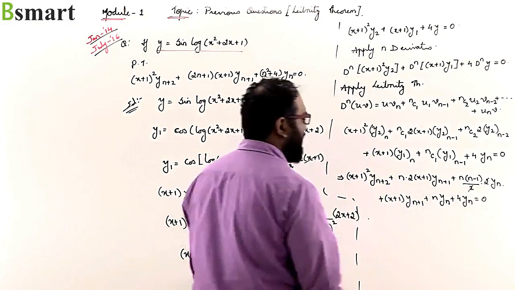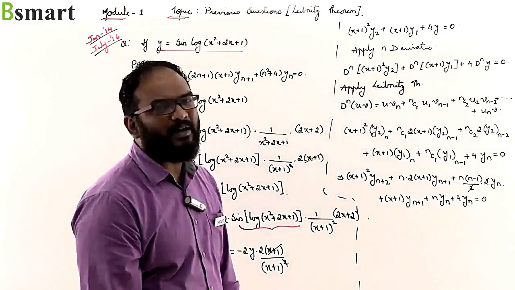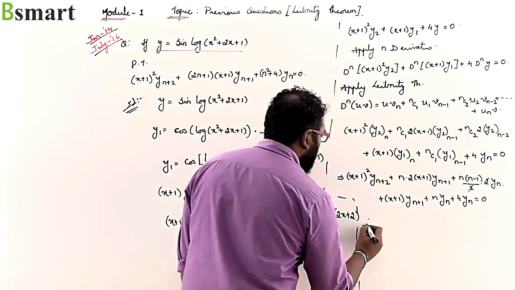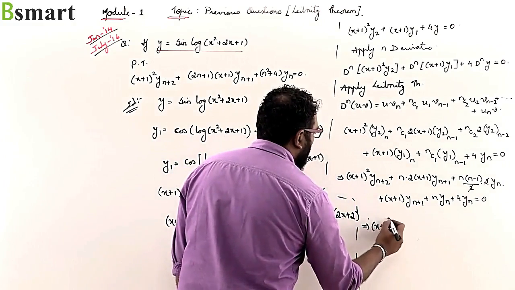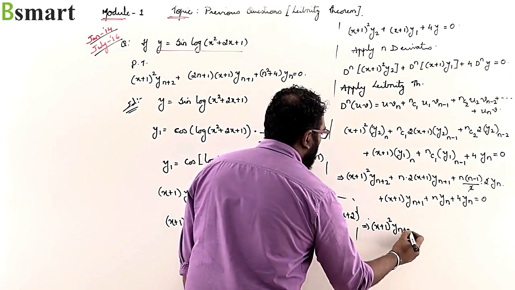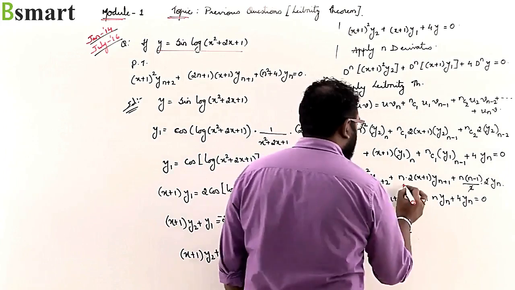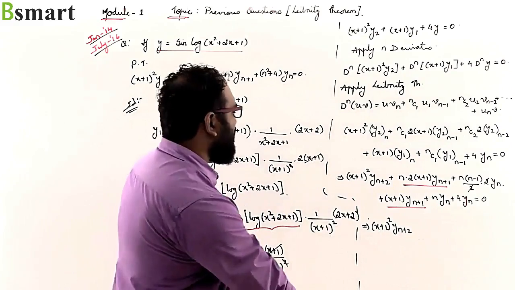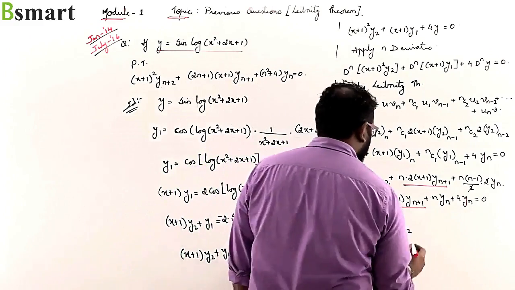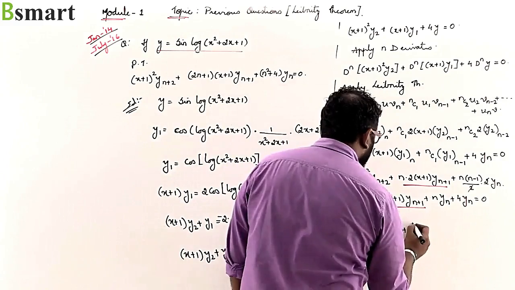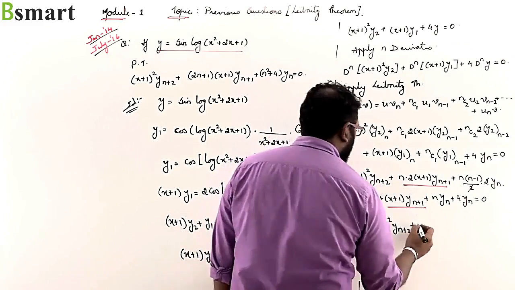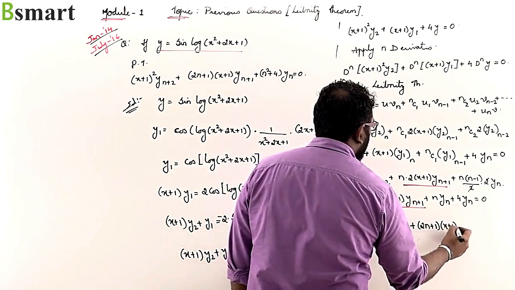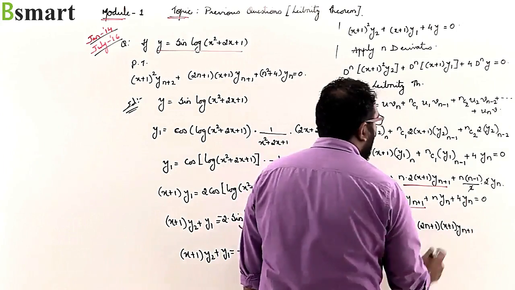So here 2 will get cancelled. Now write all the yn plus 1 terms, yn terms and yn plus 2 terms. So that is x plus 1 whole square into yn plus 2. Now, from these two terms, can I take x plus 1 into yn plus 1 common? If we take x plus 1 into yn plus 1 common, then here 2n is left and here 1 is left. That is 2n plus 1 into x plus 1 into yn plus 1, and again.